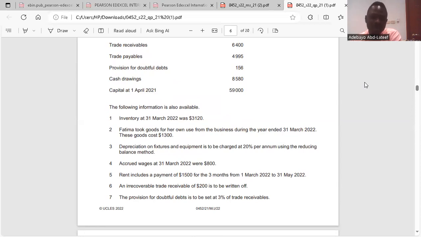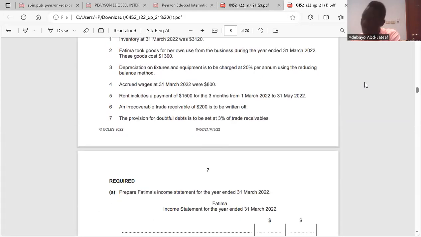Then 186 minus the existing provision for doubtful debts gives us $30. Then you add all the expenses together, and it gives us 30,409. You less it from the gross profit, which is 41,445. So we have our net profit to be 11,036. Is it clear now? Yes.